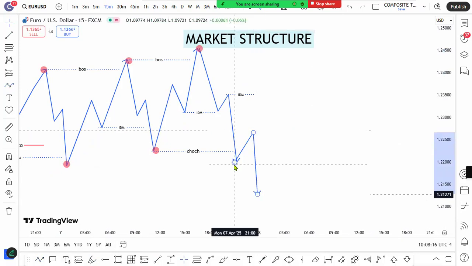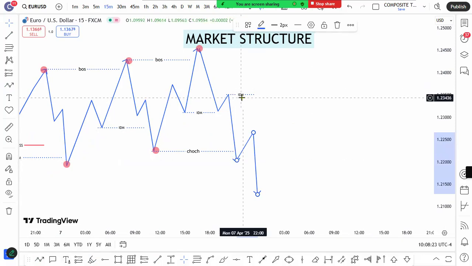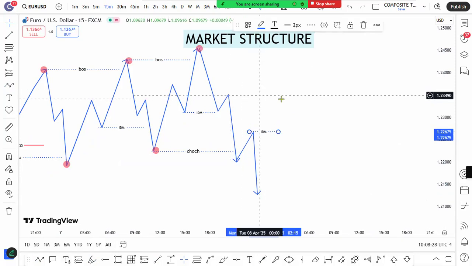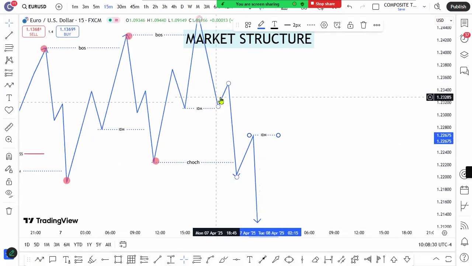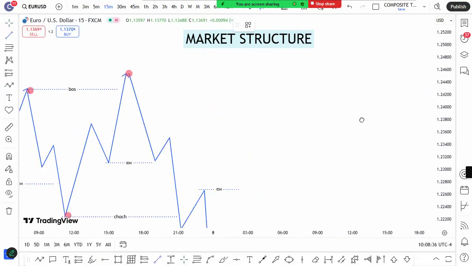If it creates something like this, remember, I've said that you can move your inducement here, and this is still a liquidity part unless this level has also swept liquidity. For example, what I mean is this. Maybe we have something like this here.